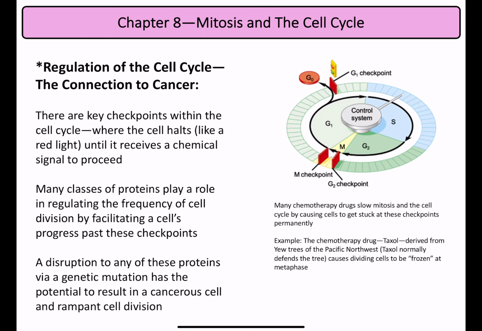If we look over here, this is kind of like a cartoon analogy, but there are many proteins that act like red lights. They prevent a cell from too rapidly moving on to the next stage of the cell cycle.